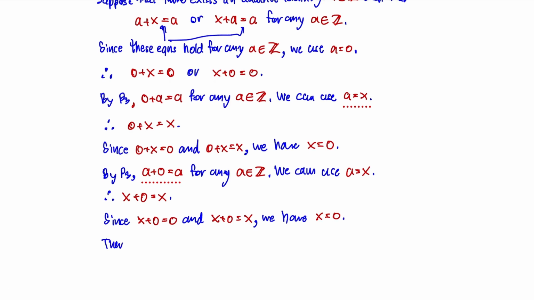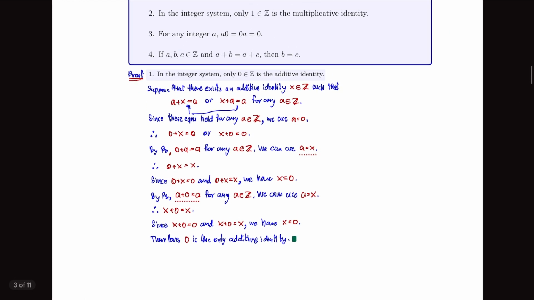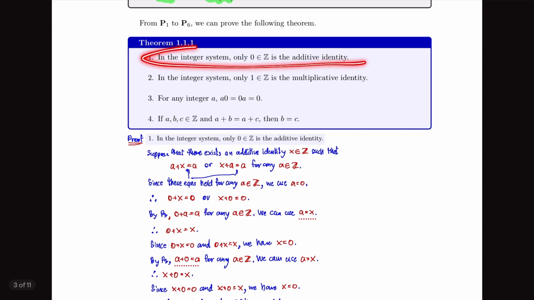Alright, so therefore 0 is the only additive identity. Alright, that's a proof of number 1.